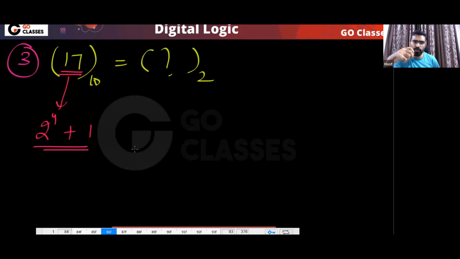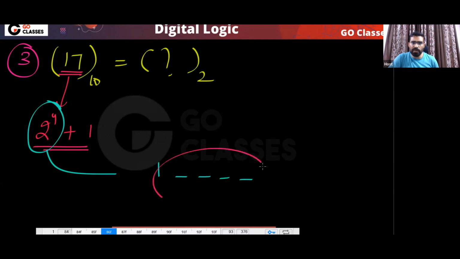So you write this 2 power 4. This will be 1 and 0, 0, 0, 0. Because for 17, what is the closest? The closest lower power is 16. So 16 means 1 followed by 4 zeros.